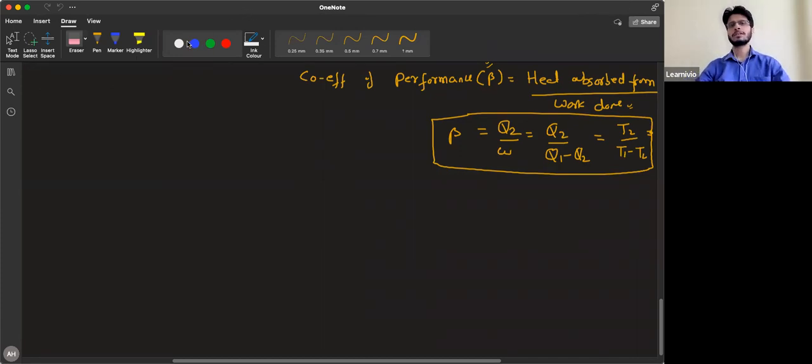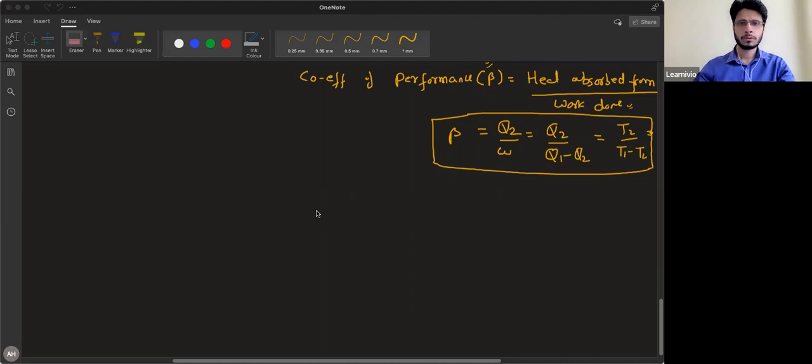So in the last class, I left a numerical. The question was V is kT to the power 2 by 3, right? You're supposed to calculate the work done.